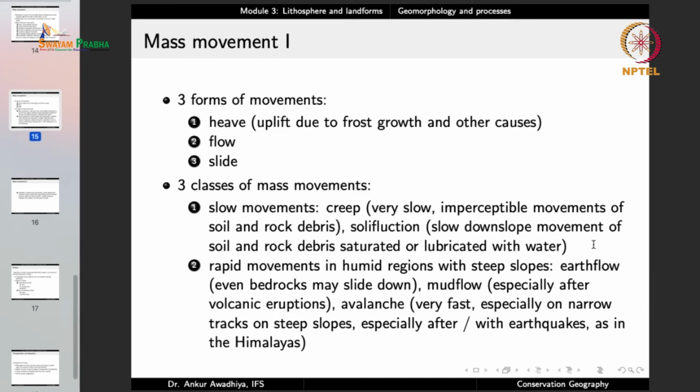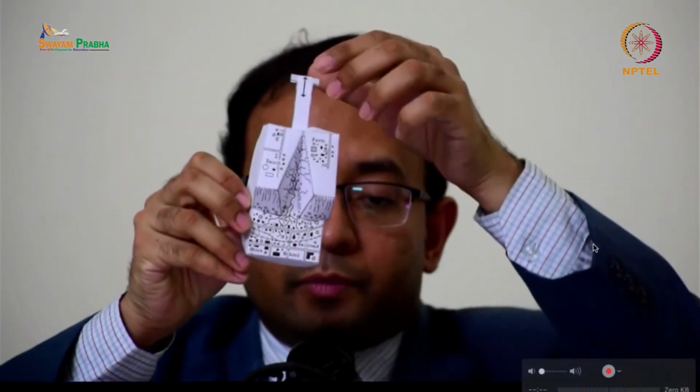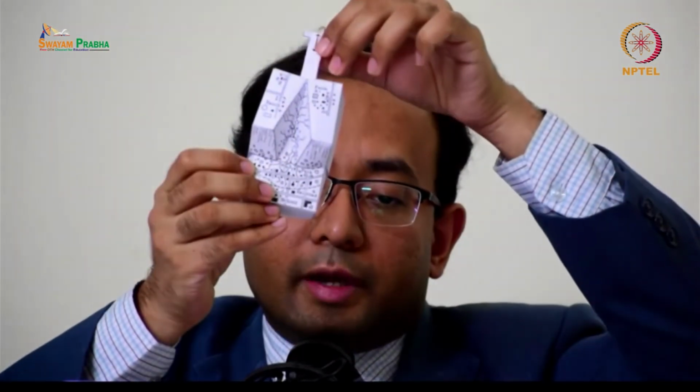Then we also have rapid movements, typically in humid areas with steep slopes. We have things like earth flow, in which even bedrocks may slide down, mud flow, especially after volcanic eruptions. So when we talk about flow, what happens is that if we look at this model, so here we have a land, and in this area there is flow that is happening.